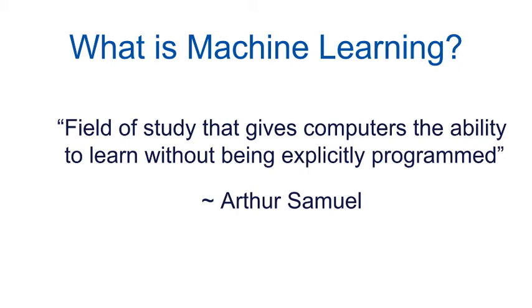Right, so I really like this definition of machine learning. It's an area that gives computers the ability to learn without explicitly programming them. So instead of saying, in this scenario, do this, in that scenario, do that, having explicit steps of what the computer should do in certain situations, you give it a lot of information and tell it to learn from that information. It's somewhat modeling the human brain, how people think and learn.